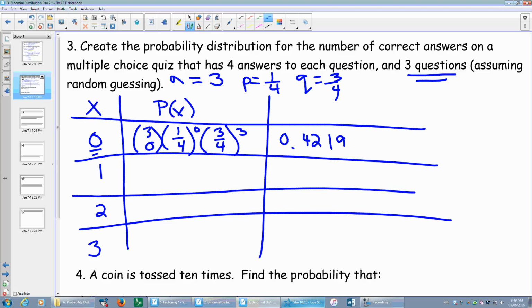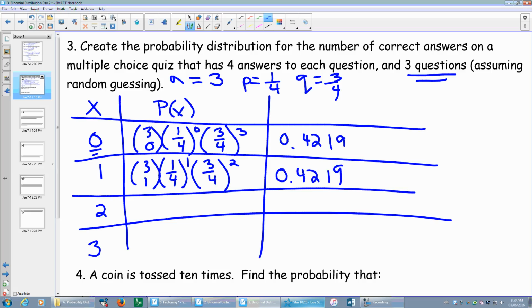Mike, can you please set up the next probability? Okay, and Michaela, when you put that into your calculator, what do you get? Good.